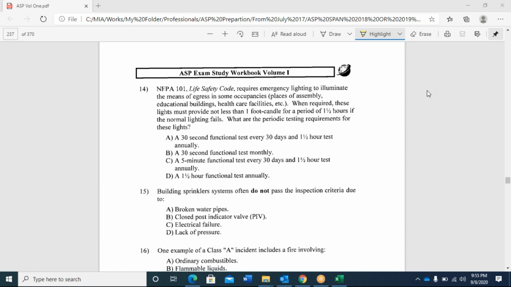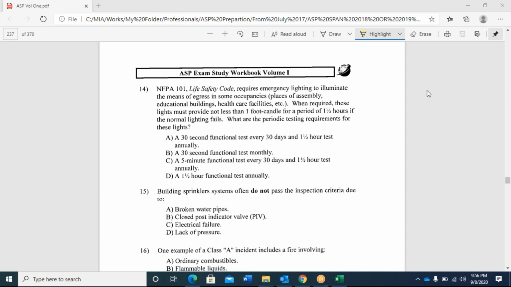So I will remove D and B because they are only single tests. He gave one monthly and one annually, and it should have a monthly inspection and an annual inspection. So we'll remove B and D, and the remaining are A and C. For C, 5 minutes is very long on a monthly basis, because in this case you have to suspend everything and operate everything for 5 minutes.